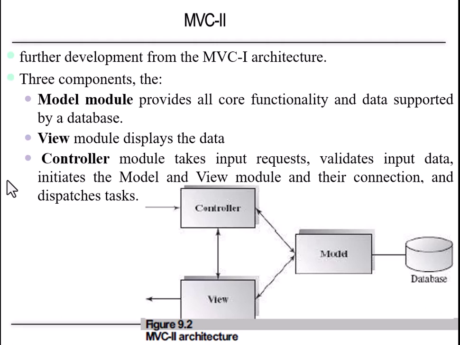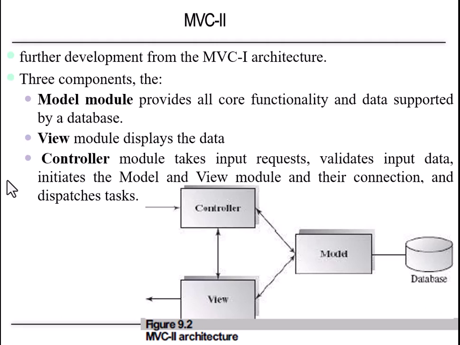So this is the core function of the controller. For web development, we develop the software in three different development tools. For model, we use a particular database which has a data dictionary and all associated tables.